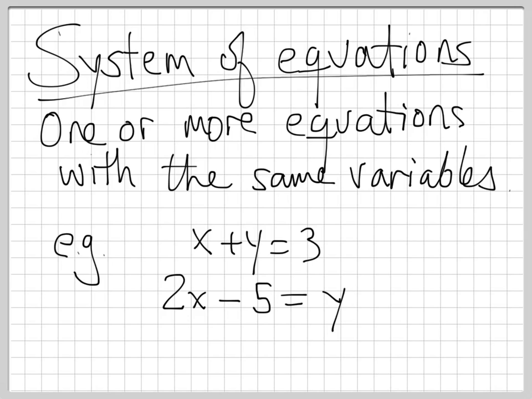So these are two equations. Here's equation 1, here's equation 2, and they have some of the same variables appearing in both. In fact, they have all of the same variables appearing in both. So what we were dealing with is ways of finding the solution if you have a system of equations.